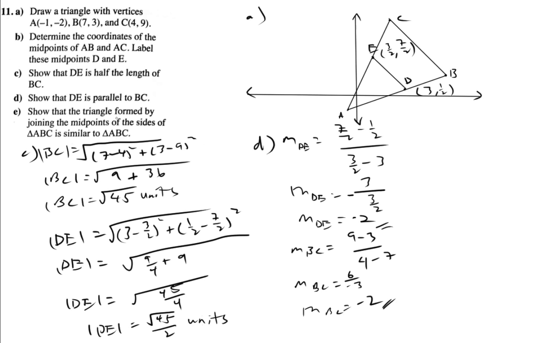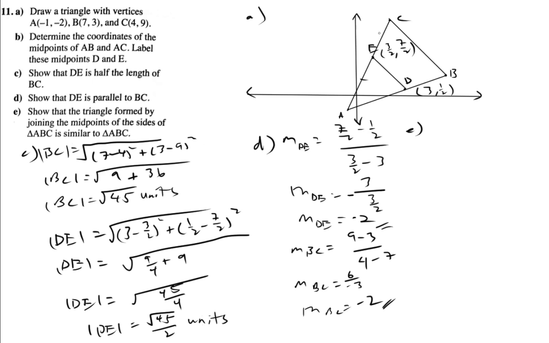Finally, we take a look at part E, and E states that we need to show that the triangle formed by joining the midpoints of the sides of ABC, so these two. So we have to show that this triangle is similar to this triangle. Well, we know for a fact that this is going to be 1/2 of AC, right?